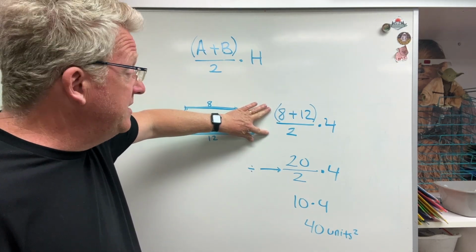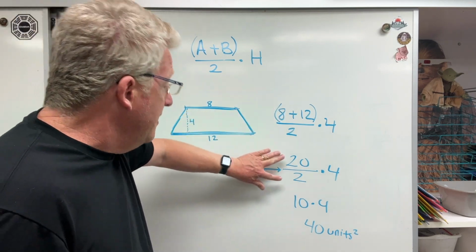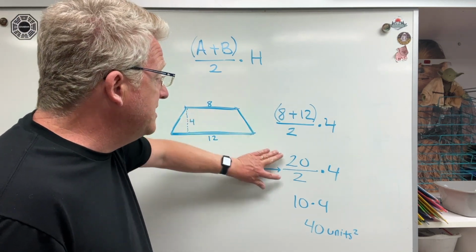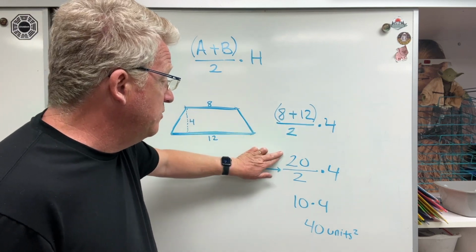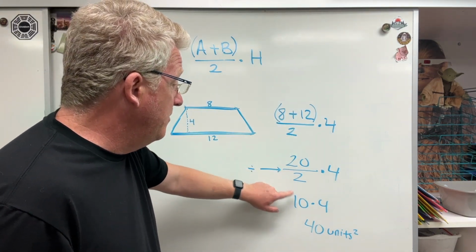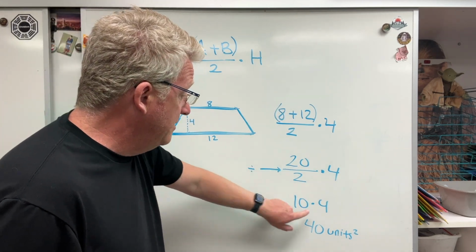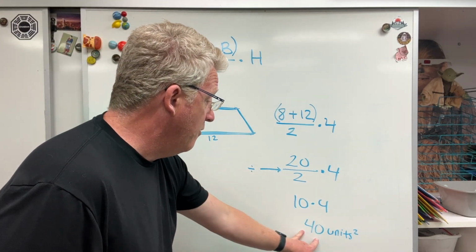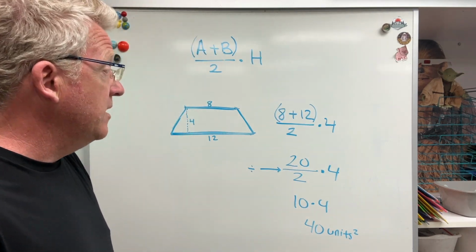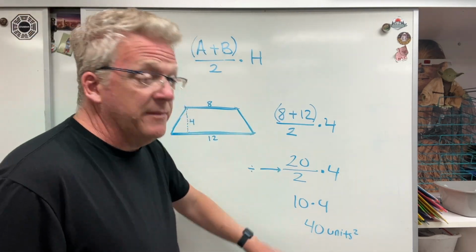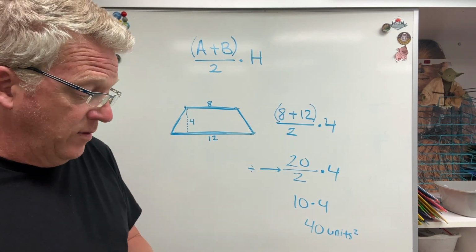I don't want you to skip any steps. I want you to then solve this expression one step at a time, just like I did. 8 plus 12 is 20. Divided by 2 times 4. 20 divided by 2 is 10 times 4. Then we have 40. Okay? So it should have all of these steps when you are doing it on the quiz.